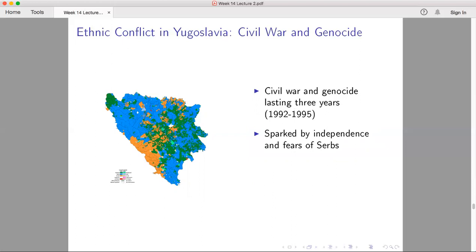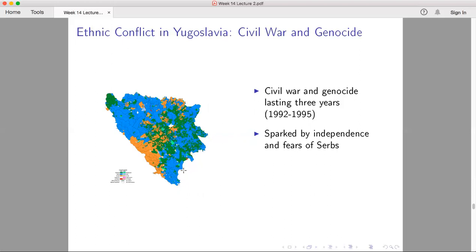So even though Serbs are clearly a dominant population in Bosnia, there were fears that once Bosnia became independent, those Serbs would be distant, especially as the Serbs living here would be too far away from the Serbs in Serbia to be able to protect themselves effectively.